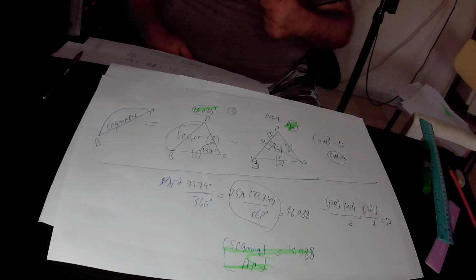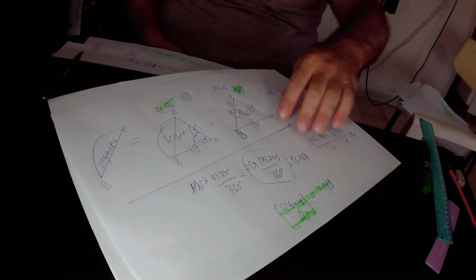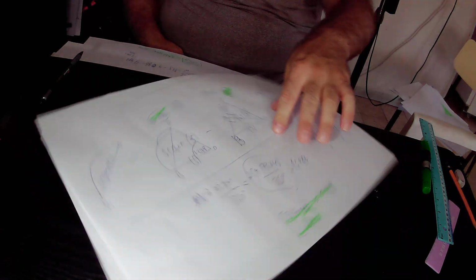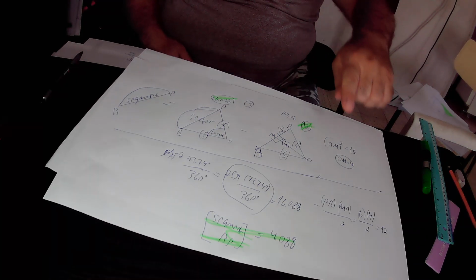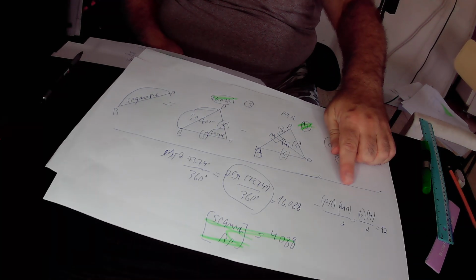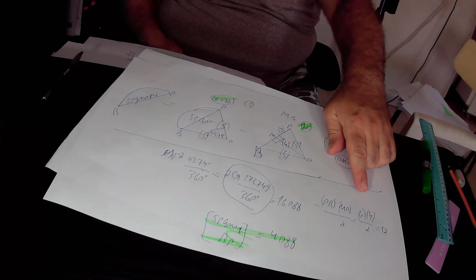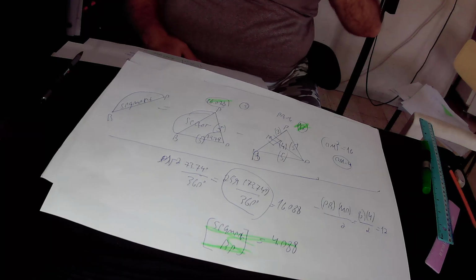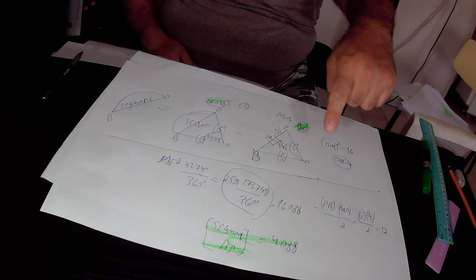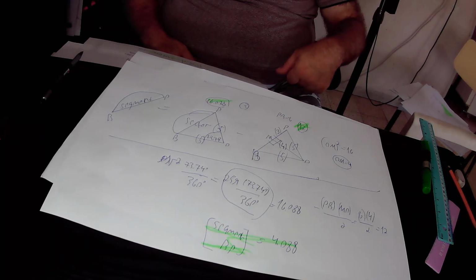The area of triangle POB equals the base PB times the height MO over 2. PB is 6, MO is 4, over 2. 4 over 2 is 2, and 2 times 6 is 12. So the area of the associated triangle PBO is equal to 12 square units.